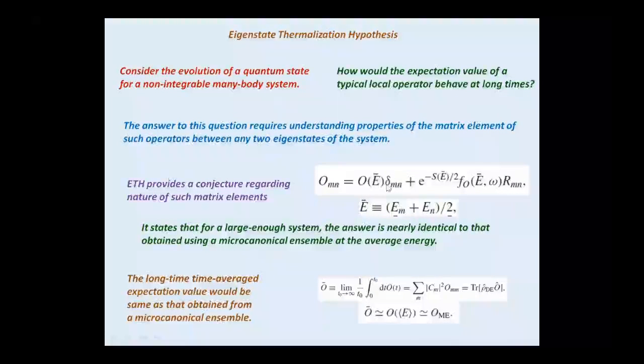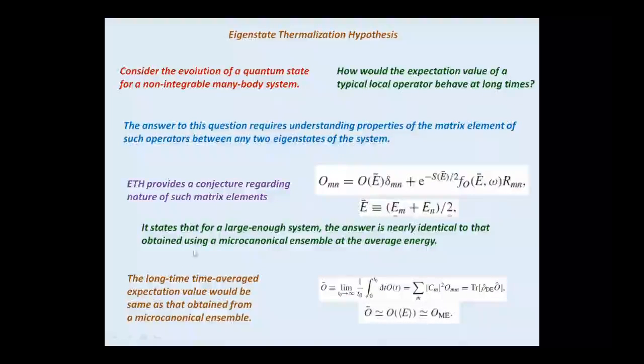This is a surprising conjecture, but it has been shown to be right for many cases, to the extent that it has now become the standard in the field. Typically, if you ask what the long-time value is, the answer is whatever ETH tells you.